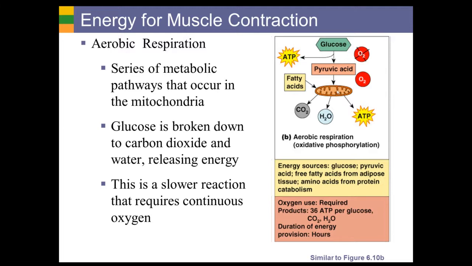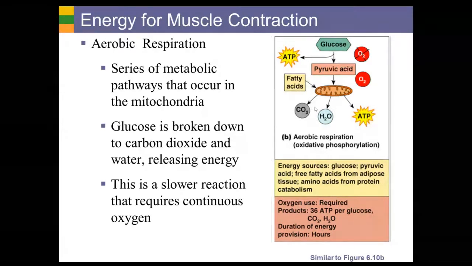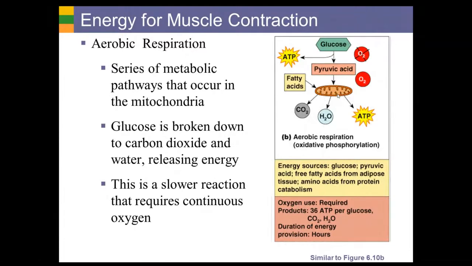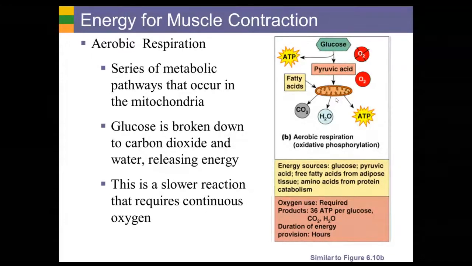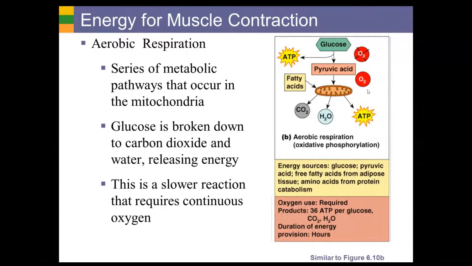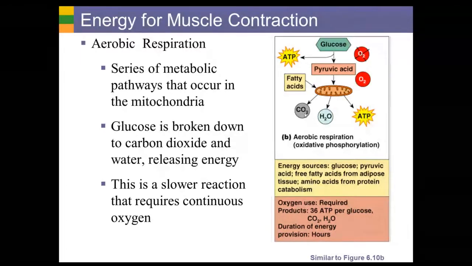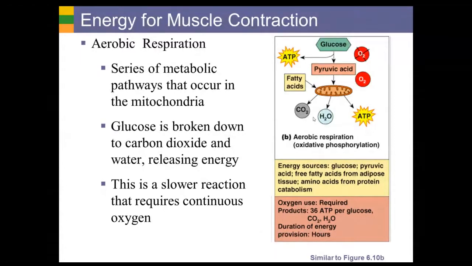And in the mitochondrion, oxygen is used to transfer energy from the pyruvic acid into ATP. And carbon dioxide and water are the byproducts. Remember, the mitochondria is responsible for most of the energy production that occurs in the cell. And this is why we require oxygen, and it's why we produce carbon dioxide.